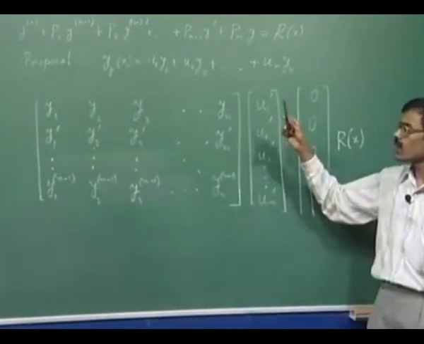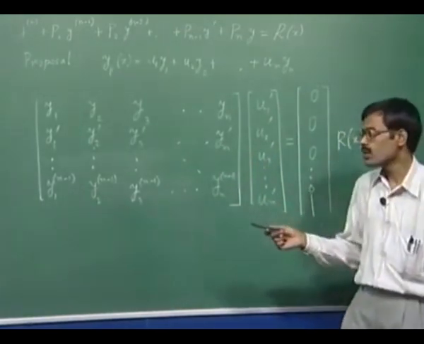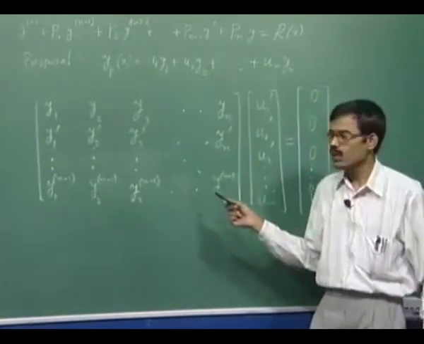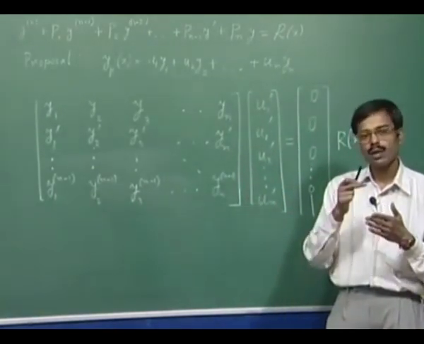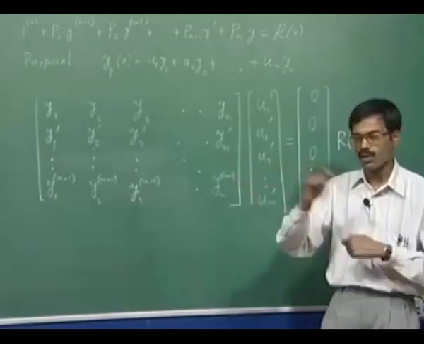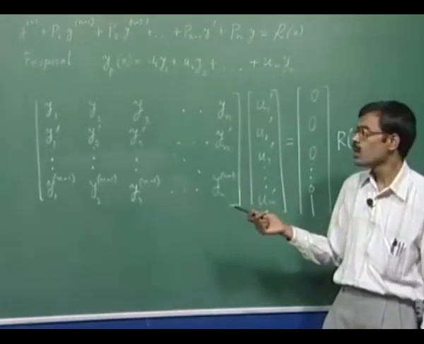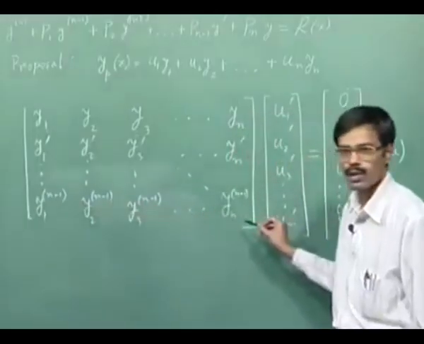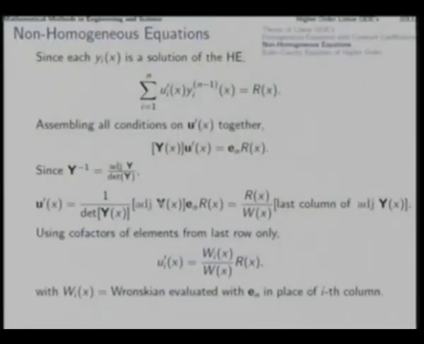The last column of the adjoint will require the cofactors of only the last row, because the adjoint is the matrix formed by the cofactors of this matrix, transposed. So, we will find the cofactors of the elements from the last row only.